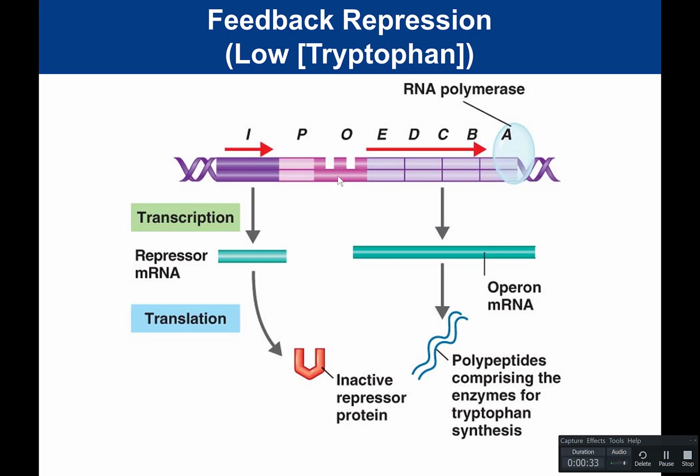And what that means is that it cannot bind to the operator. And when it can't bind to the operator, then RNA polymerase can bind to the promoter and transcription is turned on. So when tryptophan concentrations are low, the repressor is inactive. It can't bind to the operator and transcription is turned on.